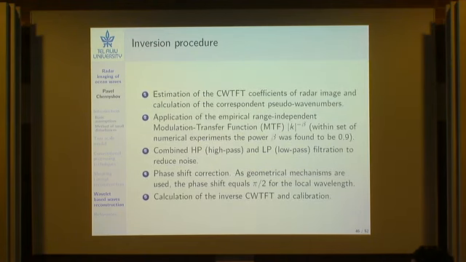Here is the procedure. How did we want to adopt the conventional method to work with the wavelet analysis? We do more or less the same procedure as for Fourier, but in a wavelet space, applying combined high pass and low pass filter with a modulation transfer function with power which a little bit differs from that for Fourier analysis.